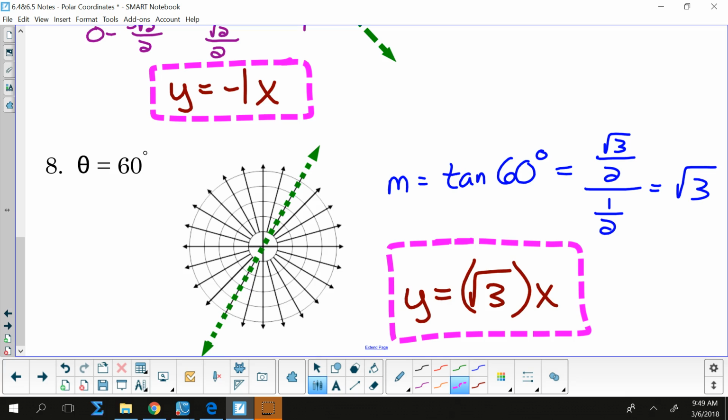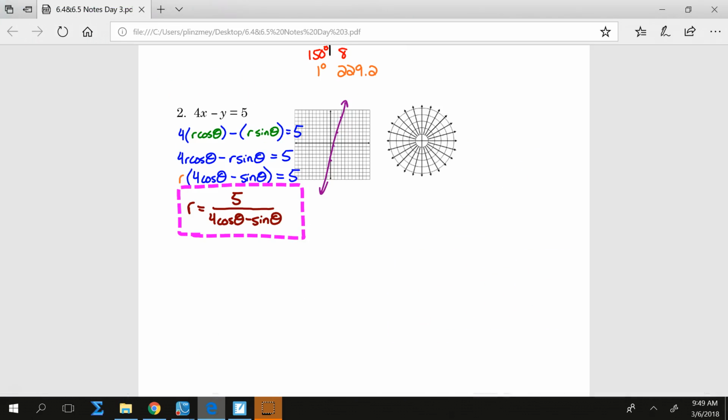Now, yesterday we had a line that didn't go through the pole. Okay? And so I'm going to bring you back to yesterday's example. This was a line that didn't go through the pole, and that's what the r equation would be.